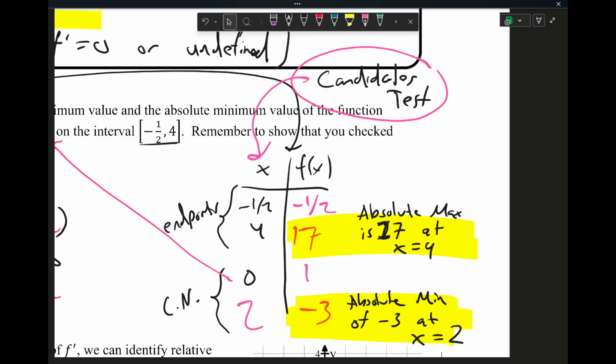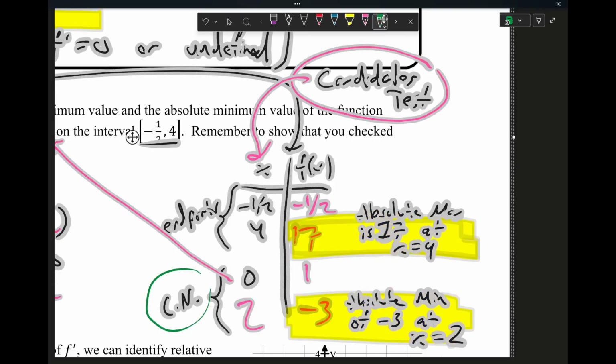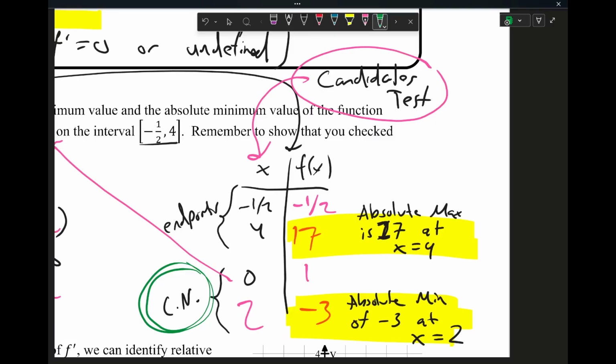But the parts I need to emphasize is notice that critical numbers were not just helpful for figuring out when something's increasing or decreasing. They weren't just helpful for finding relative extrema, but they also help us find absolute extrema. So this idea of critical numbers, we're going to be using and talking about critical numbers most of the rest of the days in this semester.